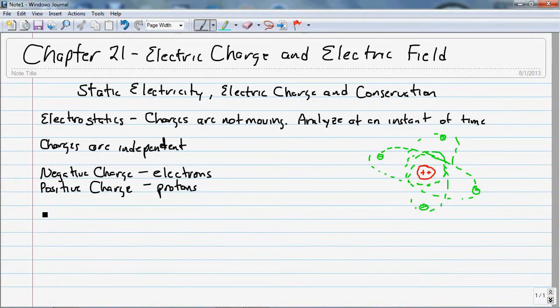And the rule is that like charges repel, and opposite charges attract.